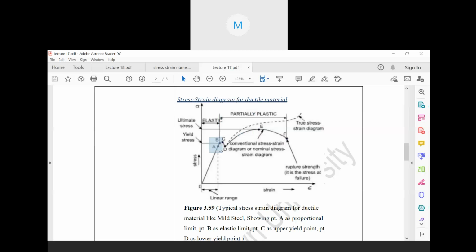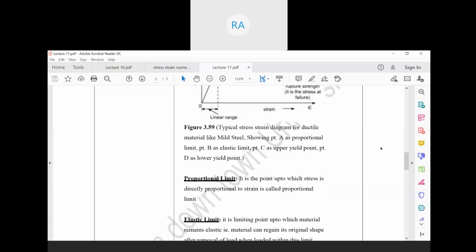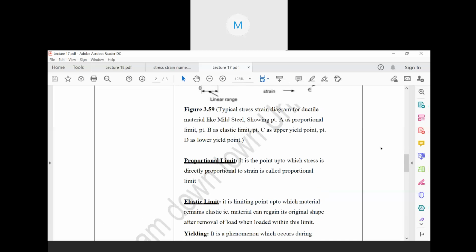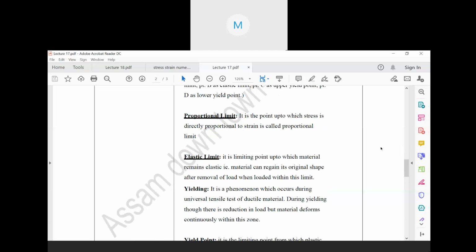From O to A, stress is directly proportional to strain. So from A to B, will the proportionality change or remain the same? Obviously, it will not be the same.